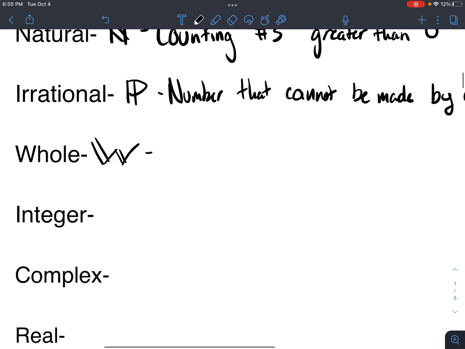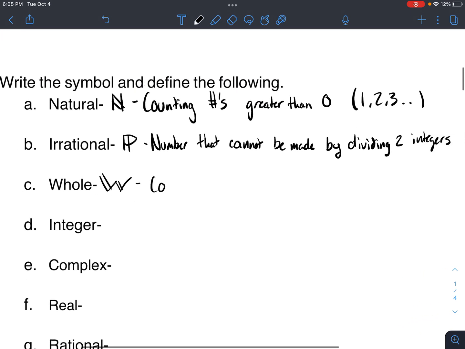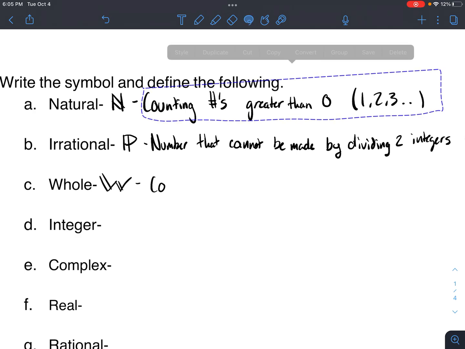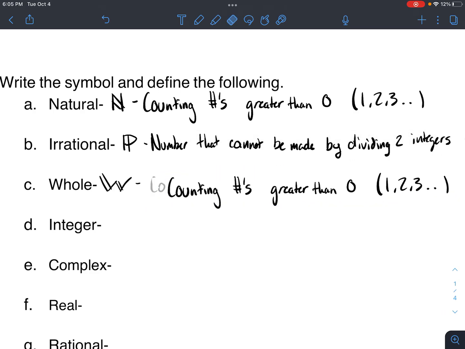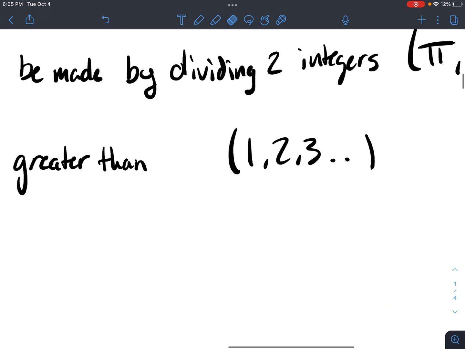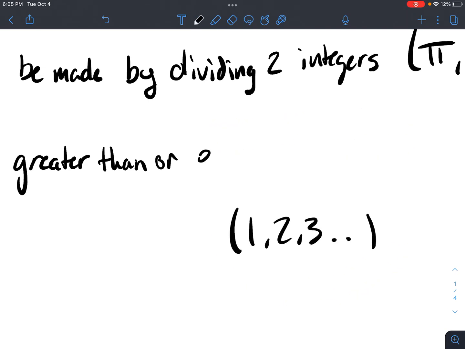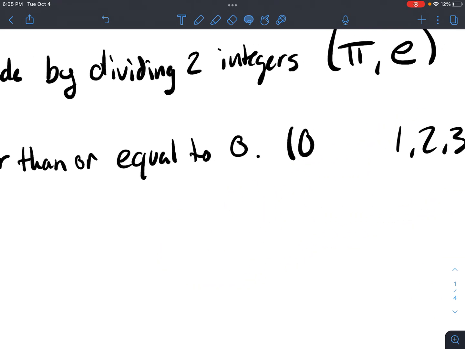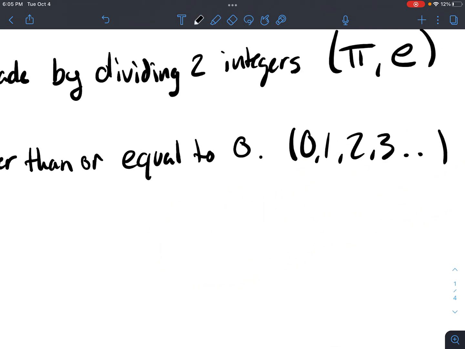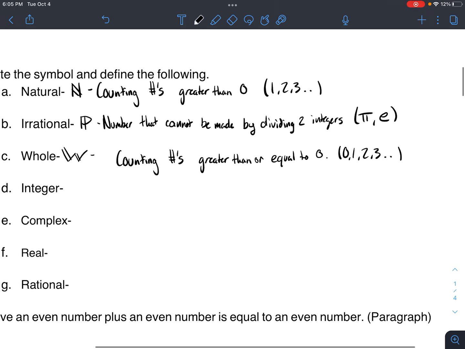So this is a counting number greater than or equal to 0. So we're going to have this 0. Oops. Beautiful. So whole numbers do include zeros.